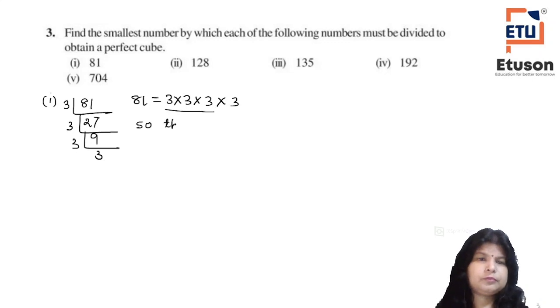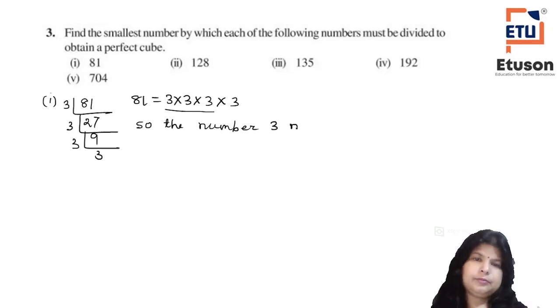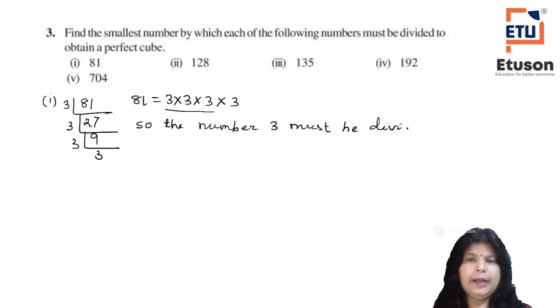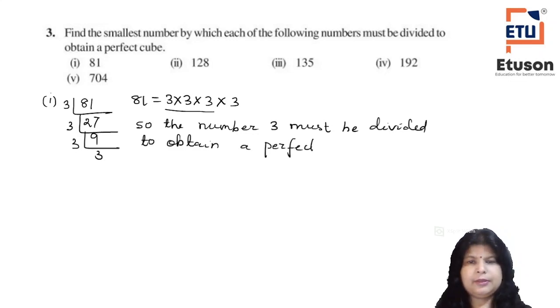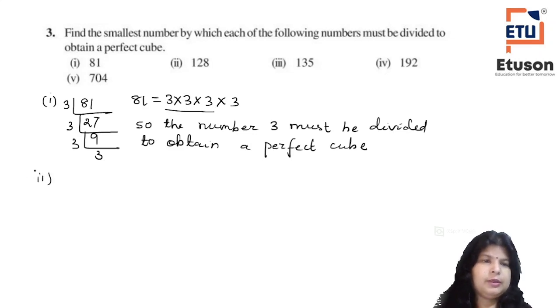So, the number 3 must be divided to obtain a perfect cube. Correct? So, now let us go to the next bit.